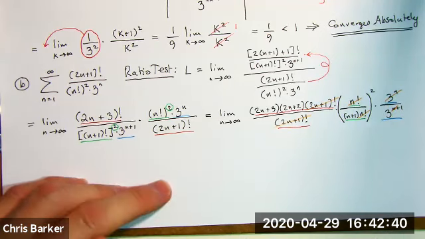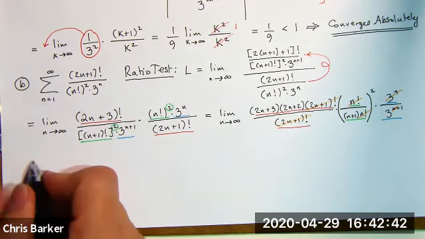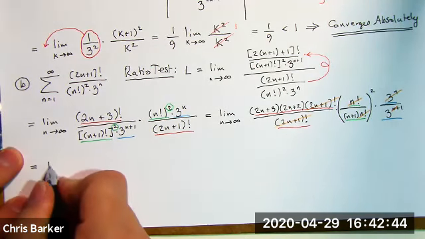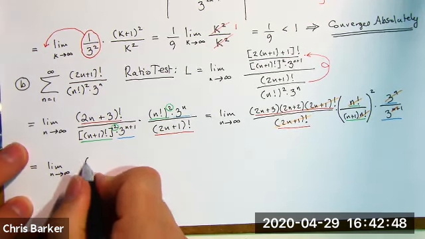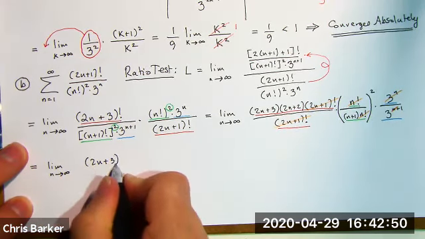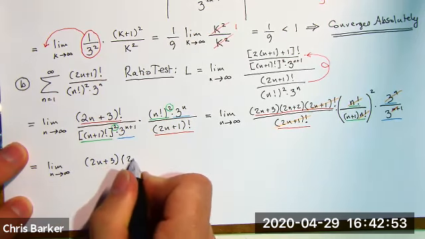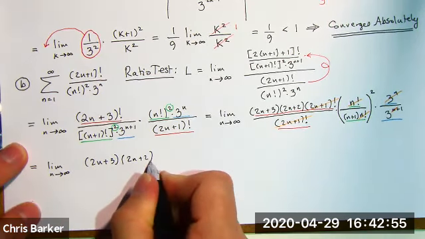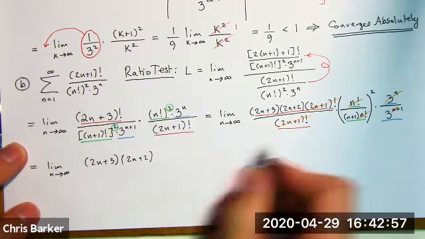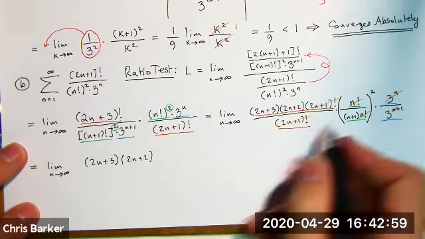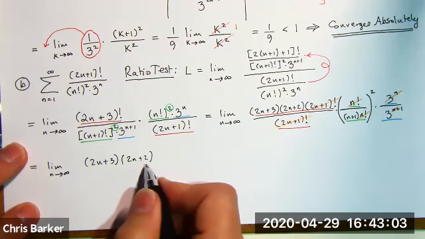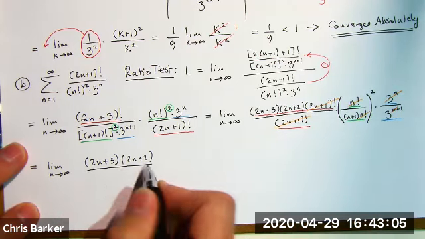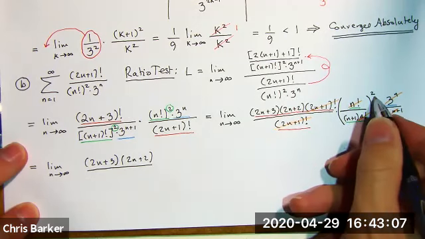So gathering up the leftovers, we have limit as n goes to infinity of 2n plus 3, 2n plus 2, and then the bottom's gone there. Here, the numerator is gone, the denominator is still there. So on the bottom, I have n plus 1, but there's a square on the outside, remember.